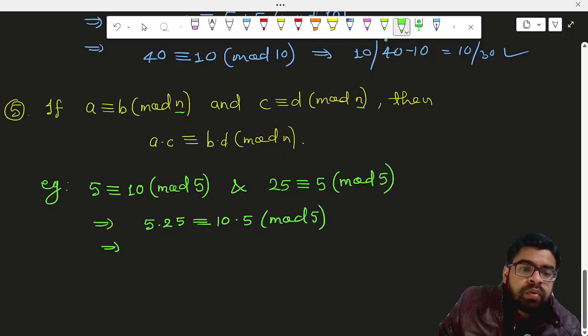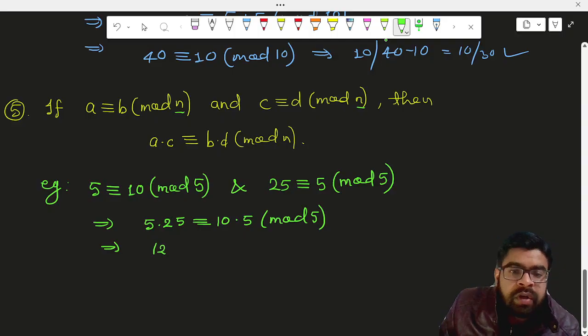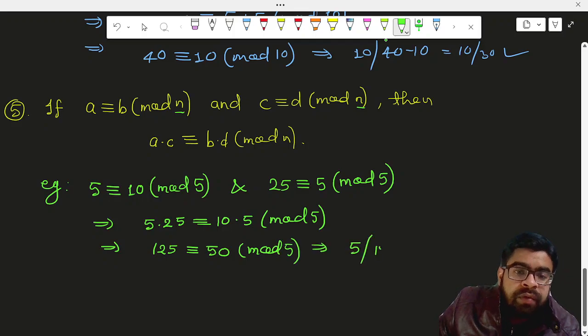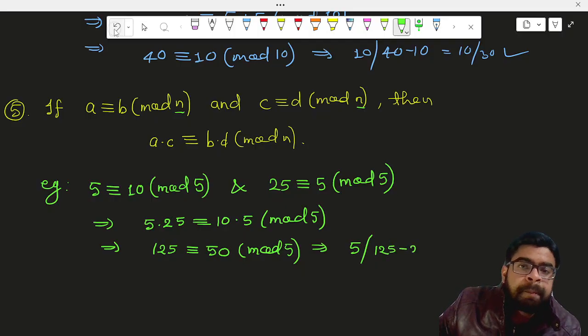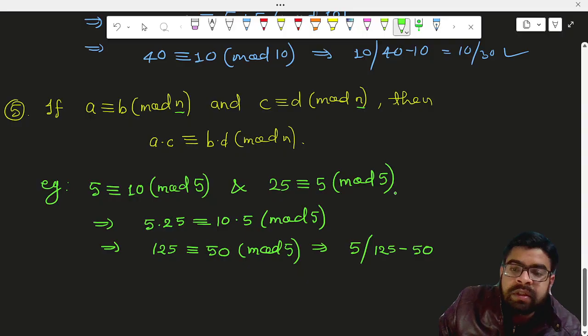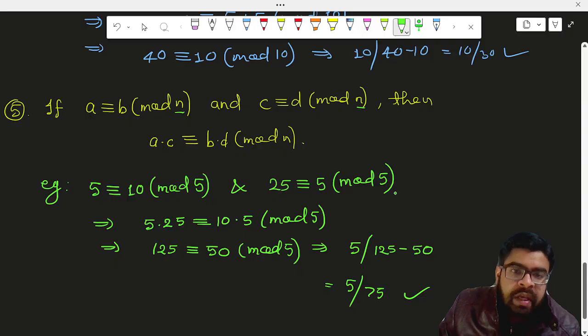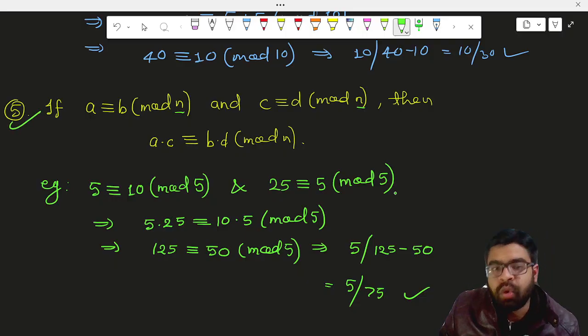So we can write here 25 multiplied by 5, so it is 125, congruent to 50 modulo 5. Is this true or not? Let's see. 5 divides 125 minus 50, which means 5 divides, I think it is 75, which is true. Hence this property always holds.